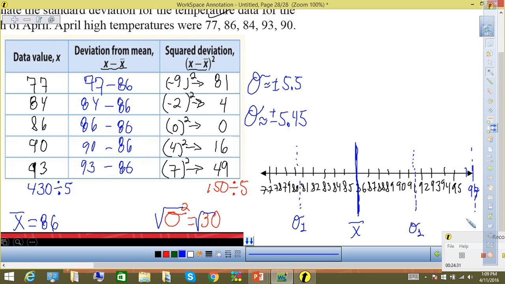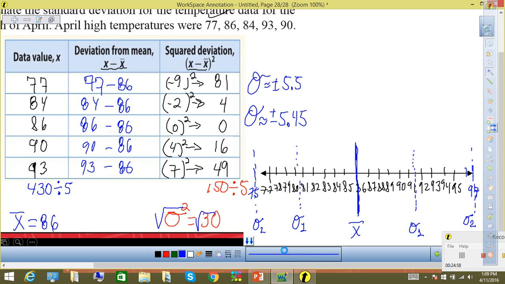Standard deviation 2. Very good. So if we are at 80.5 minus 5.5, what does that leave us? 75. Thank you, Dylan. 75. And we're going to label this standard deviation 2.